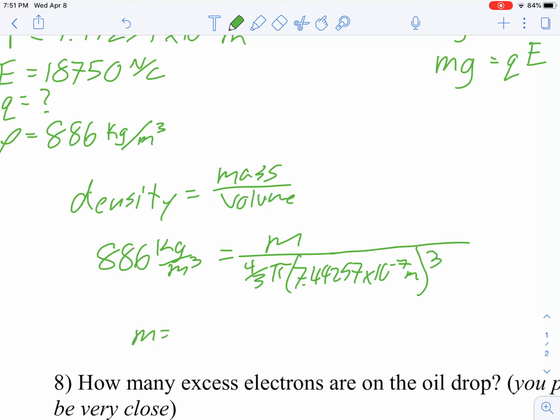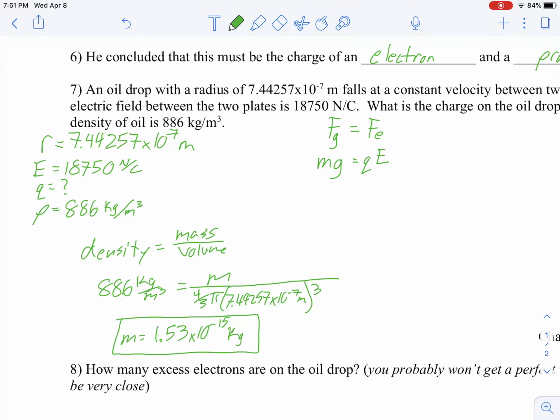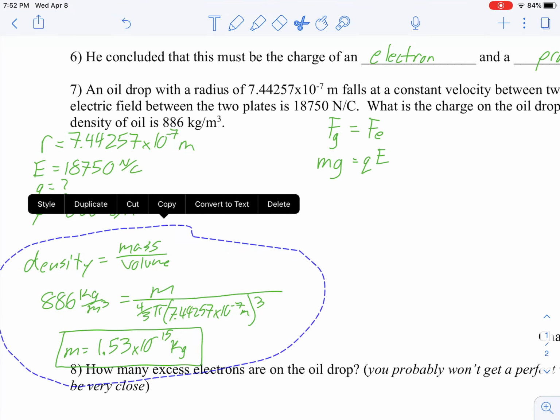All right, and I get a mass of, in this case, 1.53 times 10 to the negative 15 kilograms. So we just got the mass. That's not our answer, but we needed to find the mass to do the next part.